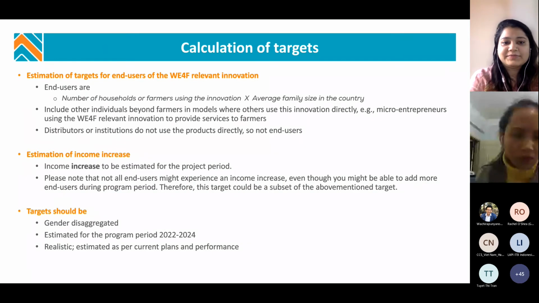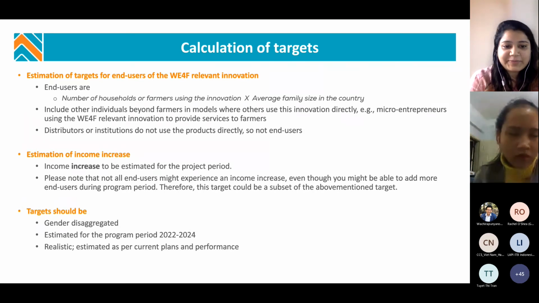So it's not necessary that this is a 100% match. Just want to give you that clarity. In some models it could be 100%, but in some models it may not be. So please be cognizant of that when you commit to the targets.